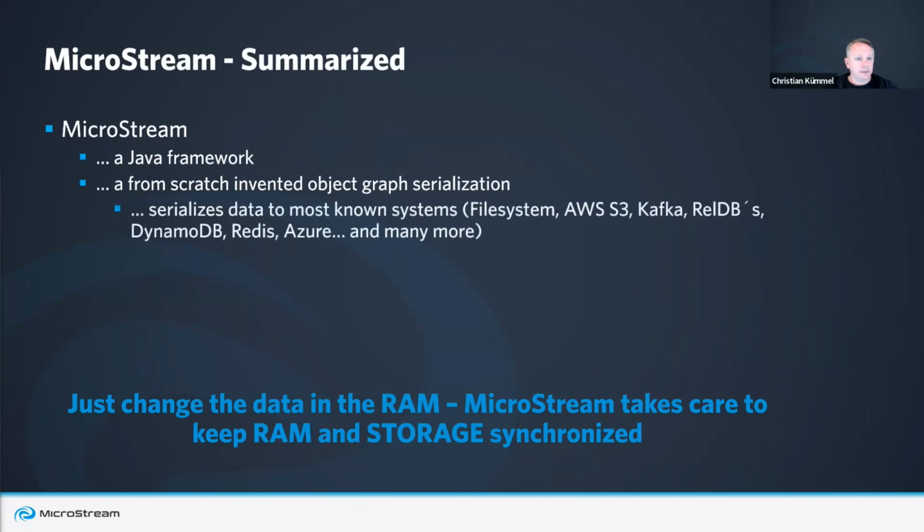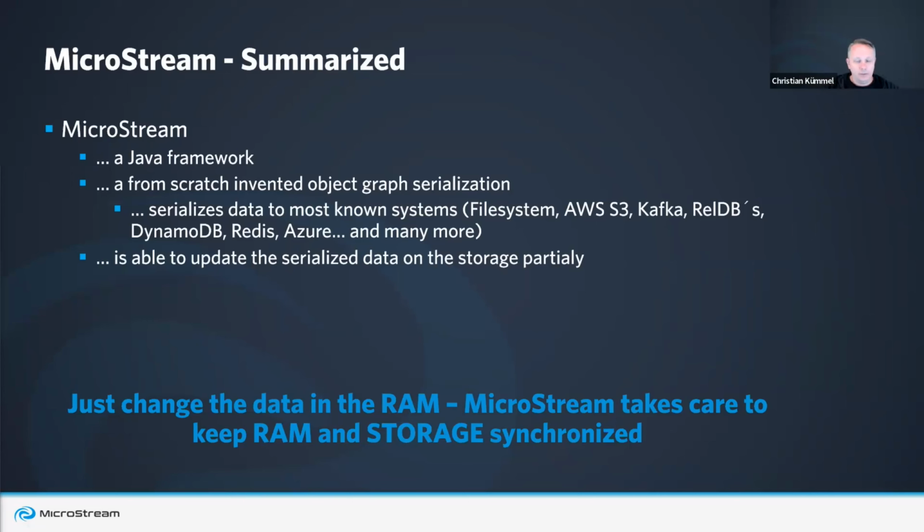But in the end, we are able to update the serialized data partially. And I think that's the important part. So that means there is an object graph, and we serialize that to many different store targets, like you can see here: file system, AWS S3, Kafka, and a lot of relational databases, DynamoDB, Redis, Azure, and many more.